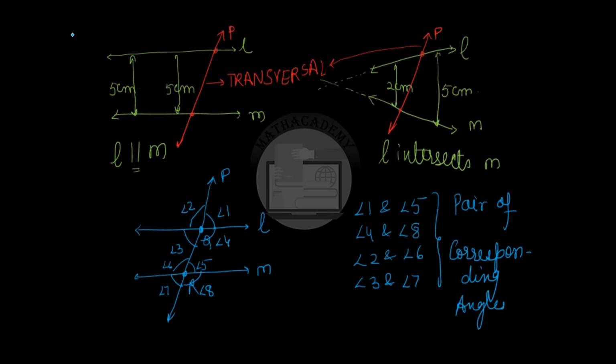Angle 1 corresponds to angle 5, angle 4 corresponds to angle 8, angle 2 corresponds to angle 6 and angle 3 corresponds to angle 7. Okay, these are the pair of corresponding angles which are formed when the transversal intersects the two lines.